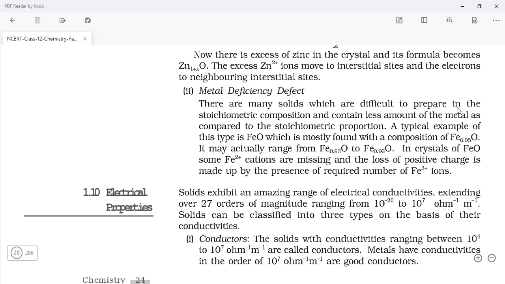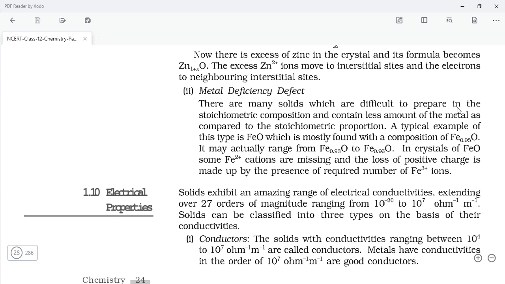Usually in crystals like FeO, the Fe2+ ions go missing, and the loss of positive charge is made up by the presence of the required number of Fe3+ ions. So the Fe2+ part in the lattice goes missing, and to maintain the electrical neutrality of the lattice, we introduce Fe3+ ions. So the Fe3+ ions increase, but the overall number of Fe in the structure will decrease from the formula of FeO.